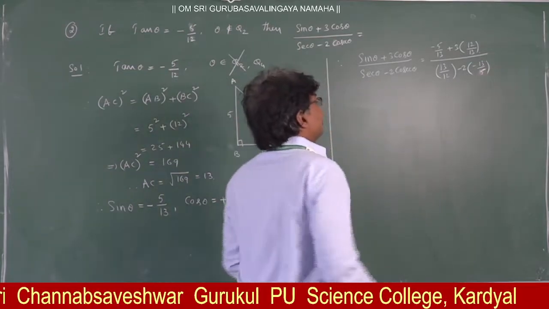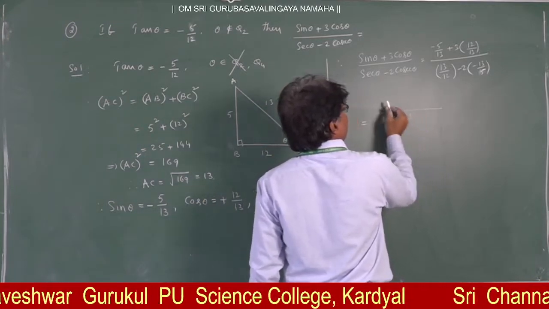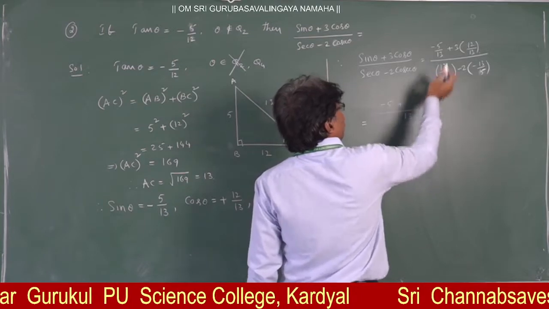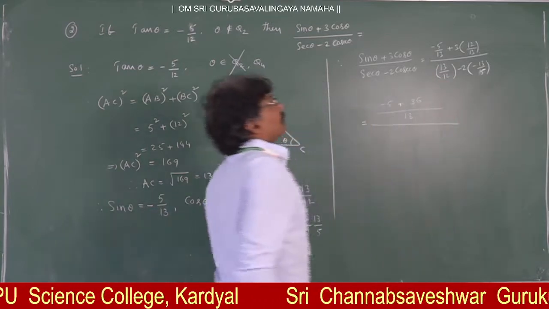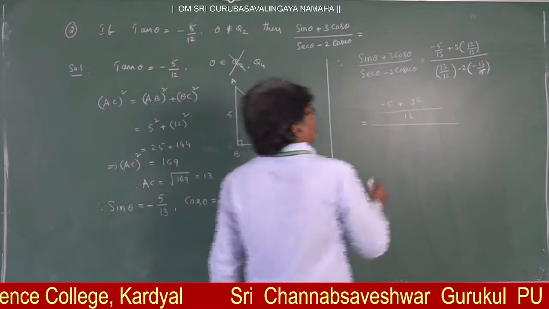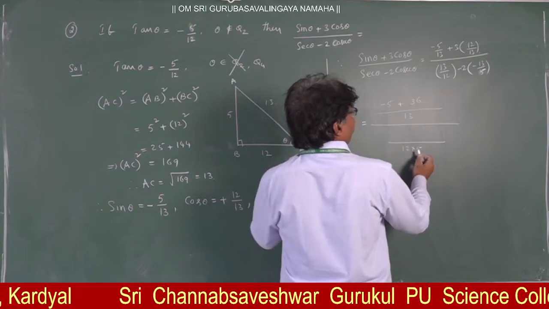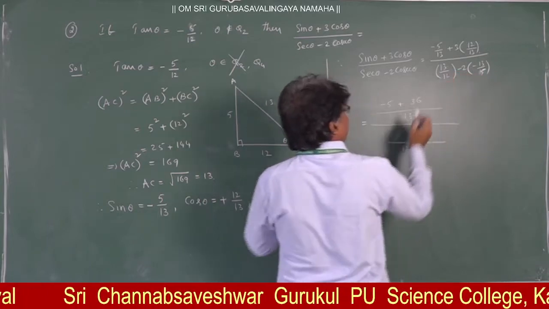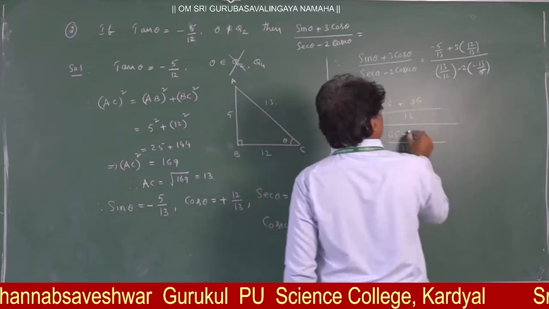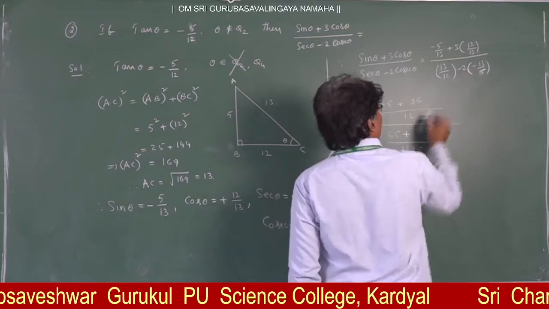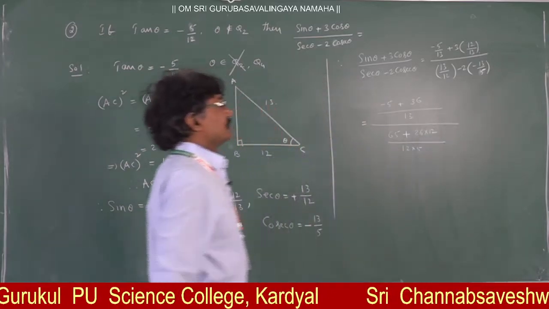What is the LCM denominator? 13 is the LCM. Minus 5 plus 12 threes is 36. Next, for the denominator, LCM is 12 into 5. 5 into 13 is 65. Minus plus, 13 into 2 is 26, into 12.